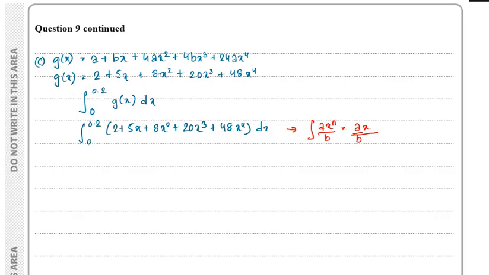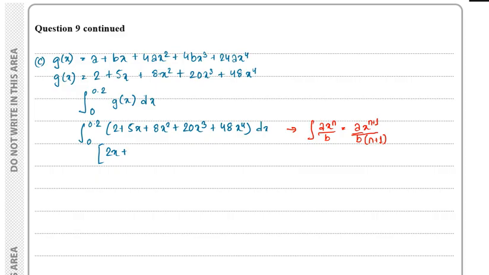The x to the power n would become x to the power n plus 1, and that n plus 1 will also come in the denominator and get multiplied with the b. So for 2 here, x is to the power 0, n is equal to 0. So we'll just add 1 here and divide the denominator by 1. So this would be 2x plus 5.